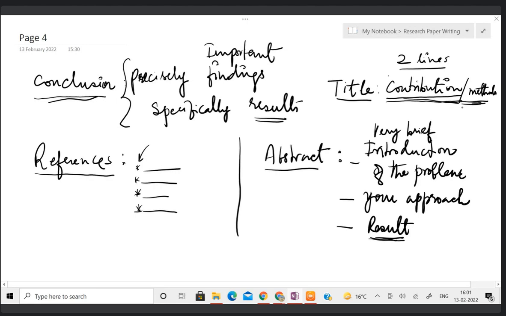Okay, is it fine? So this is all about a general approach in writing a research paper in engineering, normally, more specifically engineering, and it could include papers in sciences also.